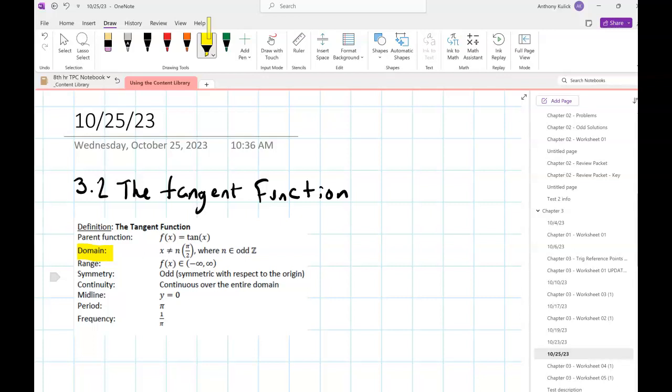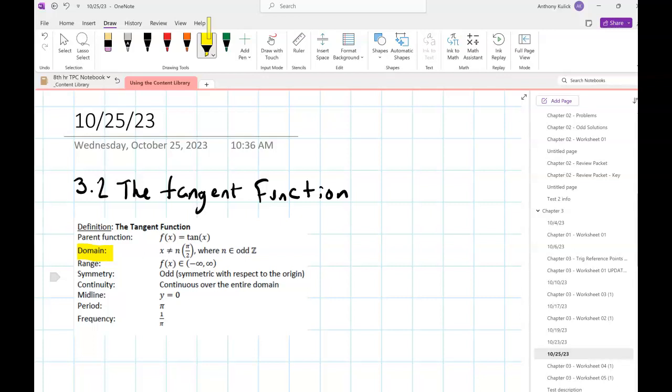For example, at positive pi over 2, 3 pi over 2, 5 pi over 2, 7 pi over 2, 9 pi over 2, etc. Those are all places where the graph is undefined, as well as negative pi over 2, negative 3 pi over 2, negative 5 pi over 2, etc. Where the graph is undefined, what are we going to put there? A vertical asymptote. We'll show you what that looks like in a few minutes when we graph this.